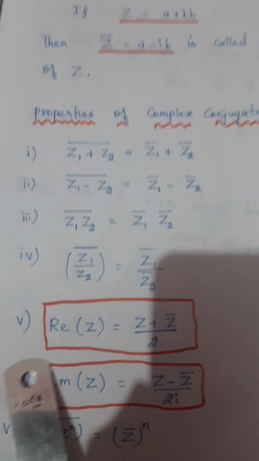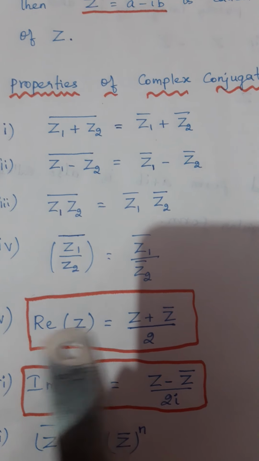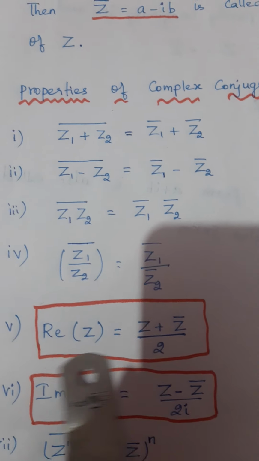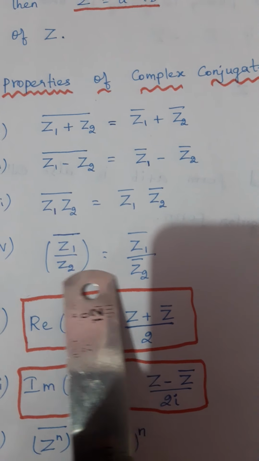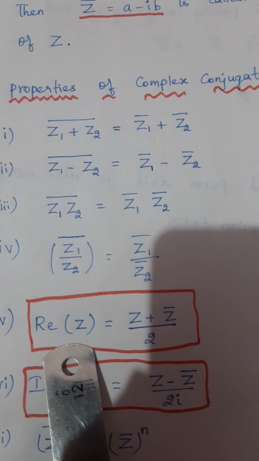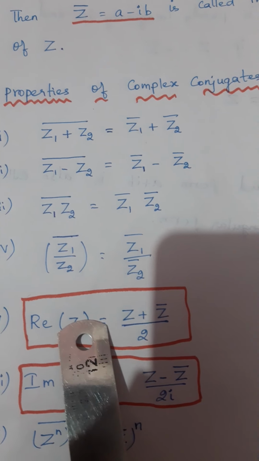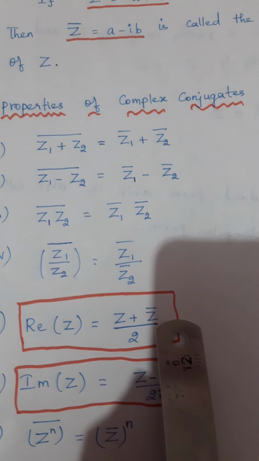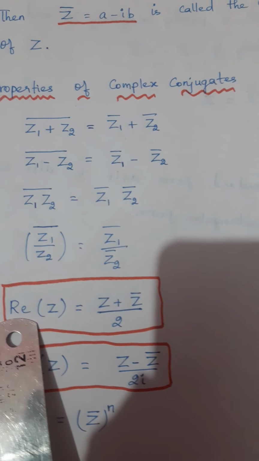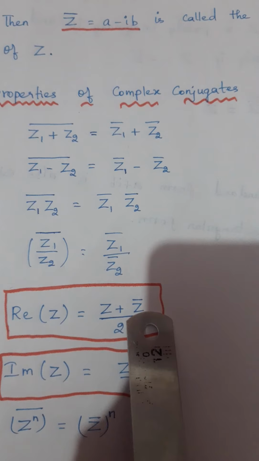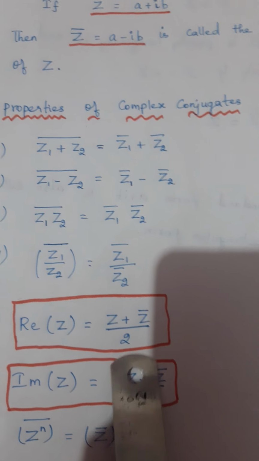Another thing, if I write Re of z, I should read this as the real part of z. The formula for finding the real part of z is z plus z bar by 2.